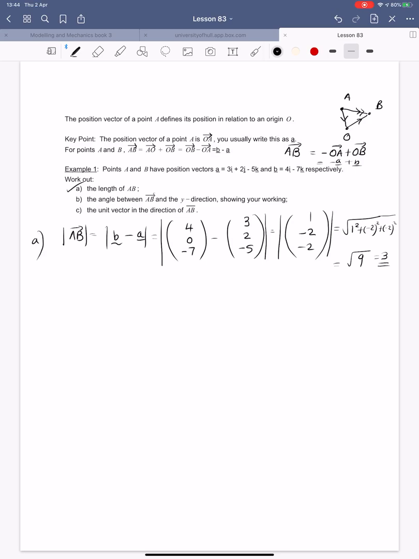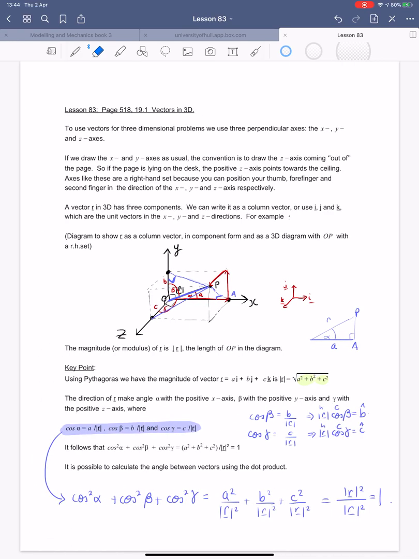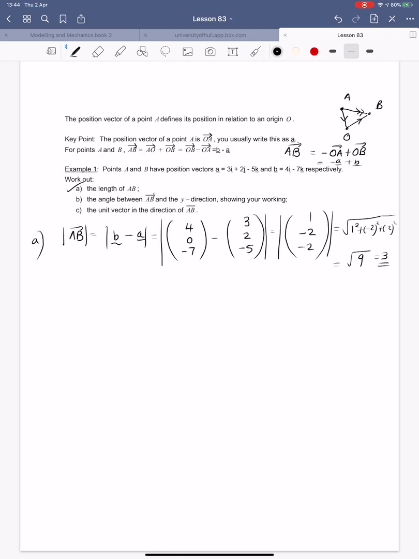The angle between AB and the y direction, showing your working. Okay, so we've got the angle between A to B and the y direction. So we need this here. It's cos of the angle is the y component divided by the modulus of the vector.